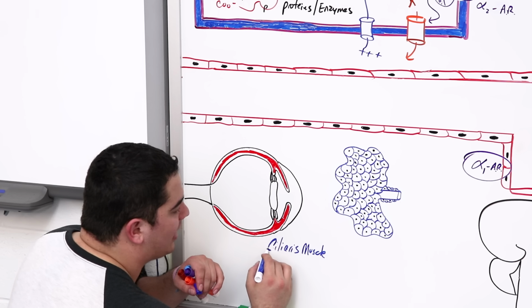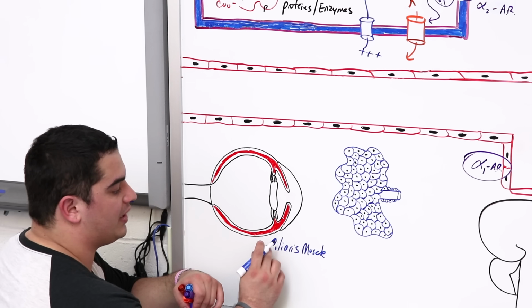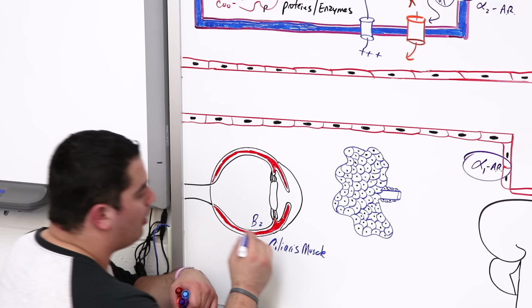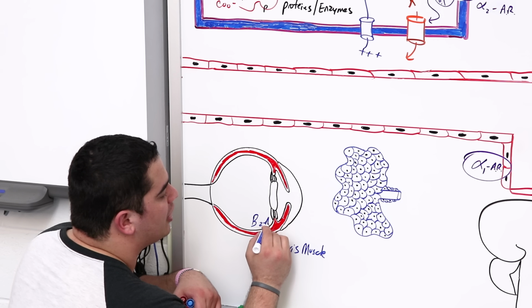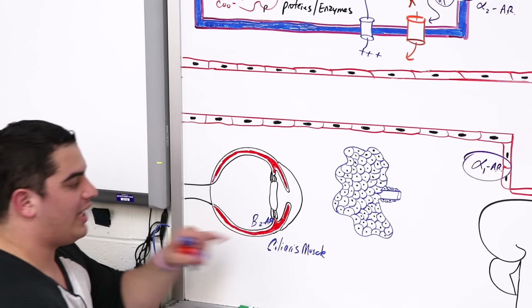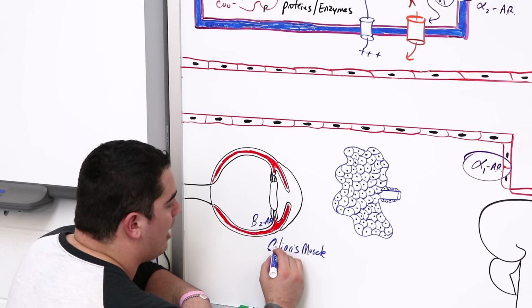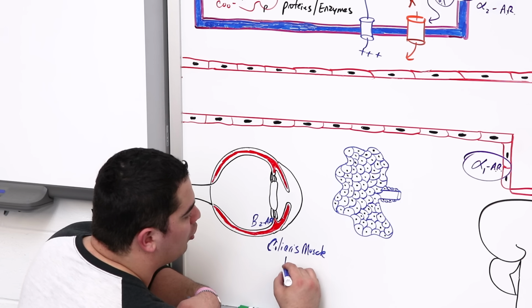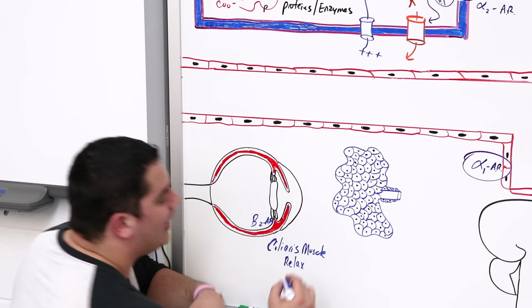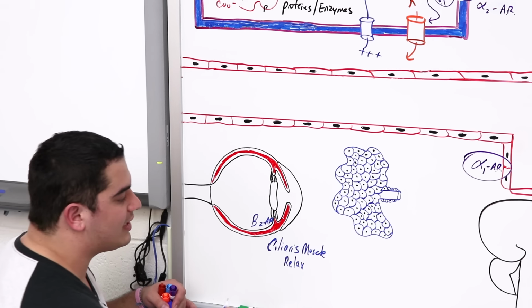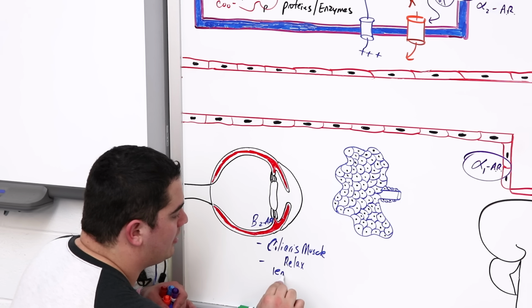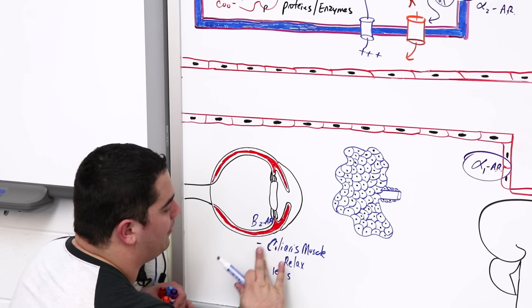If we want it to relax, what type of receptors would you expect to be there? Beta 2. So beta 2 adrenergic receptors should be located there. Because of that, the ciliaris muscle will relax. If the ciliaris muscle relaxes, this is going to cause the lens to flatten.